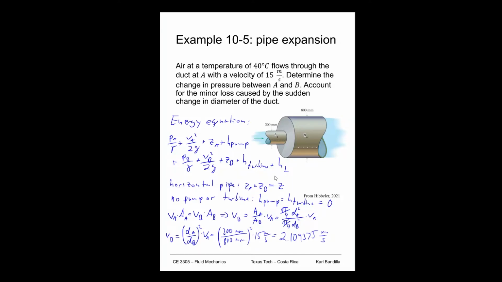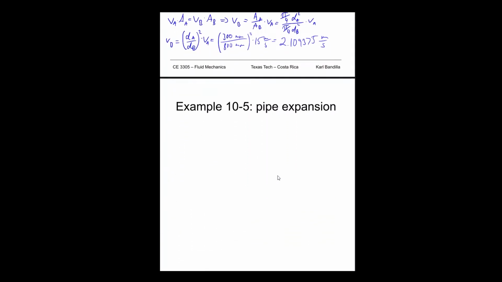So only the losses. It says only to look at the minor losses at the expansion. So minor loss at expansion, right? That is HL is equal to KL times VA squared over 2G.